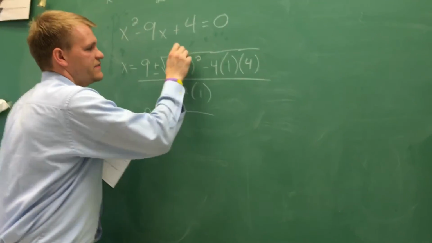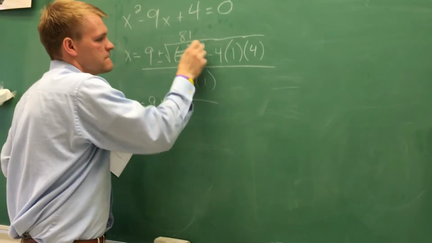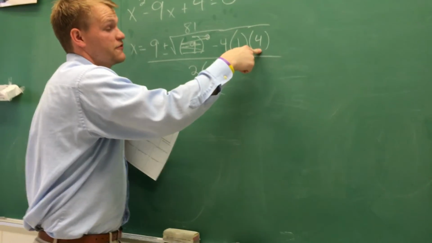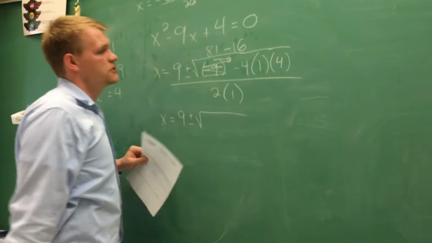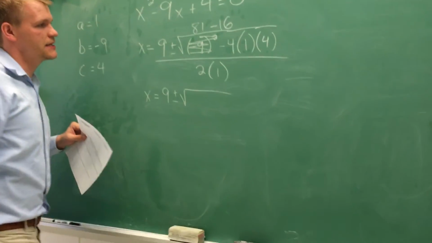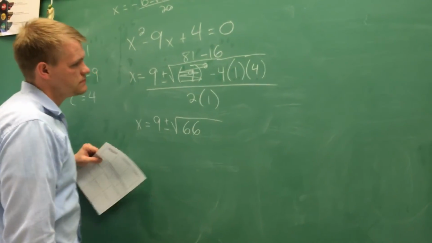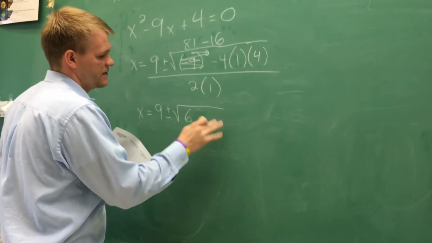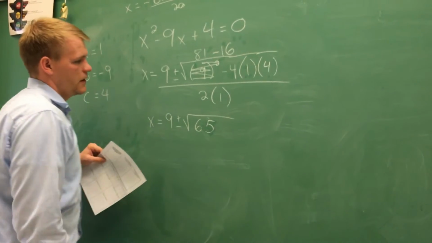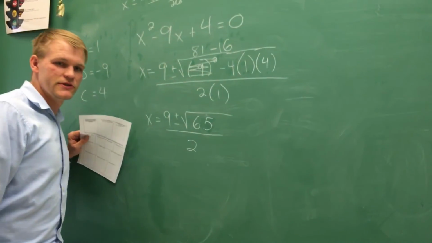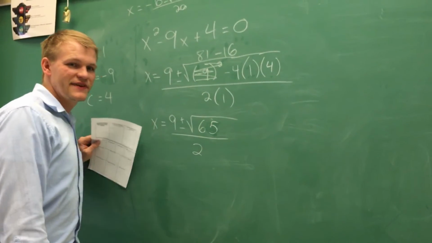Now, -9 squared is 81. -4 times 1 is -4. -4 times 4 is -16. So 81 minus 16 is going to give us 66. That's wrong. 65. Over 2 times 1, which is 2. So I need my assistants to do the square root of 65.